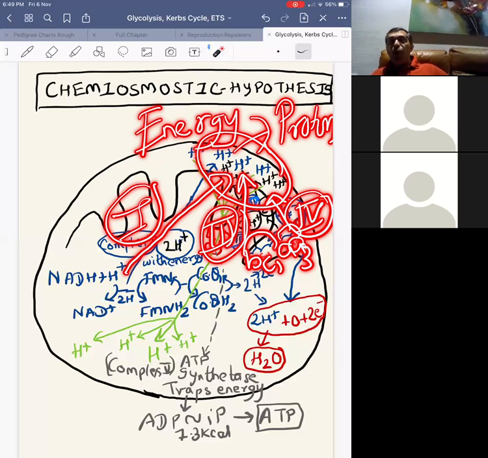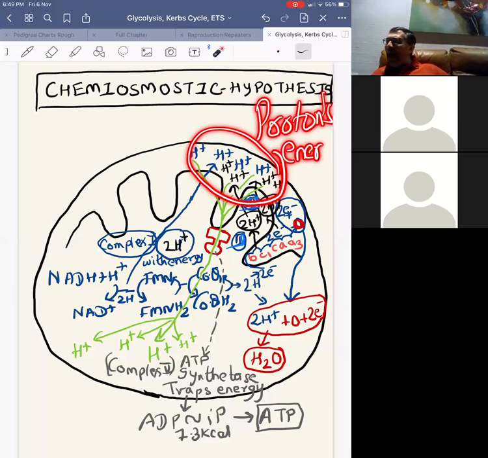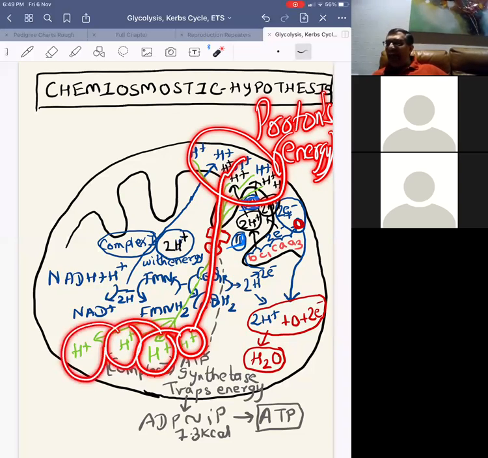And these protons, which are in a massive number, proton with energy, will now come back from the intermembranous space back into the matrix. और प्रोटॉन वापस से मैट्रिक्स में आते हैं. प्रोटॉन गए किधर थे?